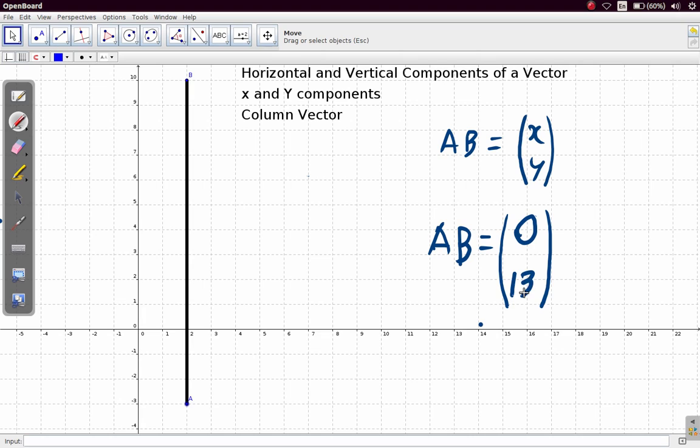Positive 13 because you're moving up. From A to B is up. If it was down, it would be negative 13. But it's up, so it is positive 13. So those were some examples of some vectors where we wrote as a column matrix or column vector, showing the horizontal and the vertical components of those vectors.